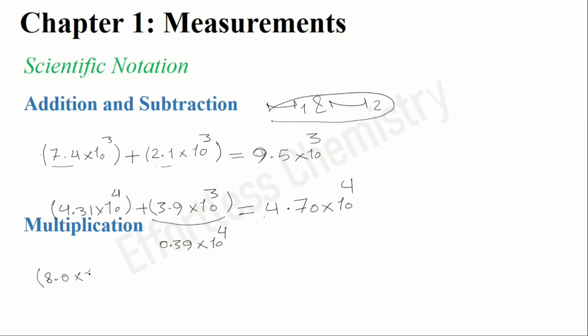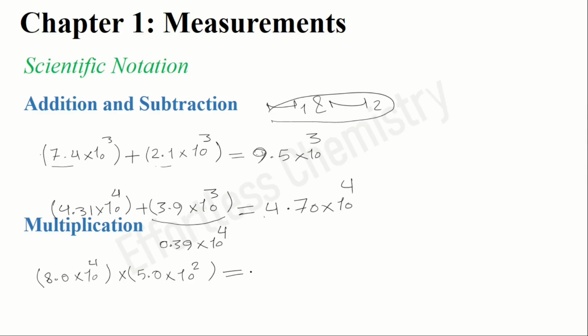8 multiplied by 10 to the exponent 4, multiplied by 5 times 10 to the exponent 2. However, here you can see that the exponents are not equal, and it's not necessary to make them equal because we add them.